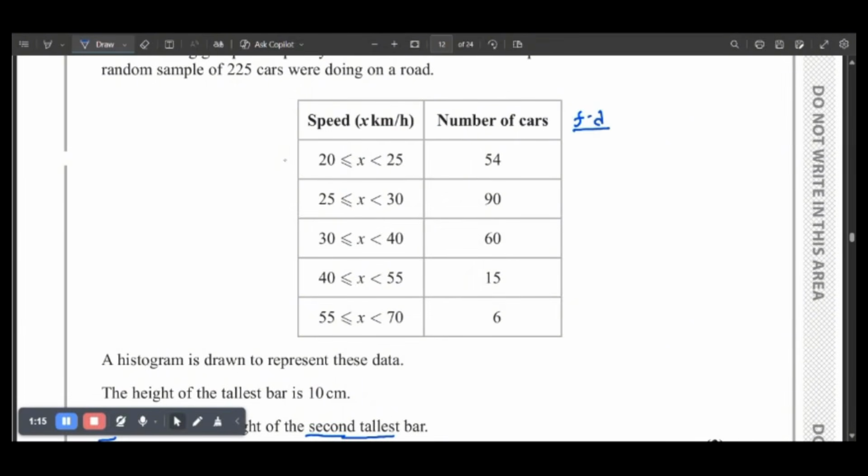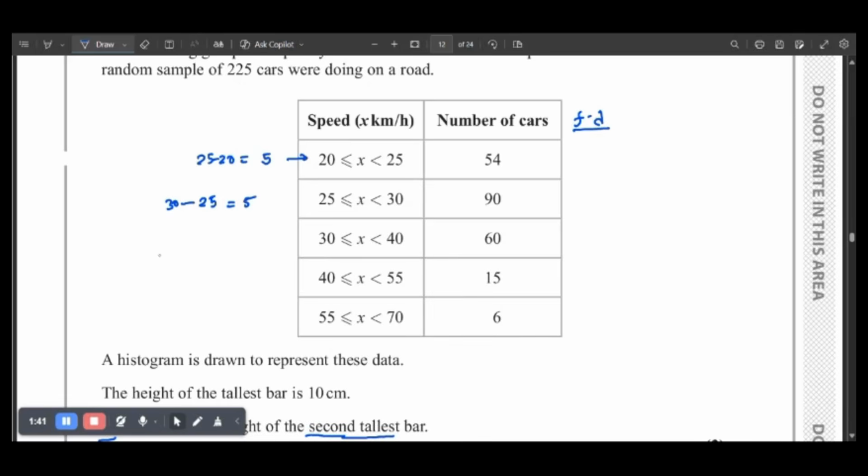From here we can see the class width of the first class will be 25 minus 20, which is 5. For the next class, the class width will be 30 minus 25, which is equal to 5.